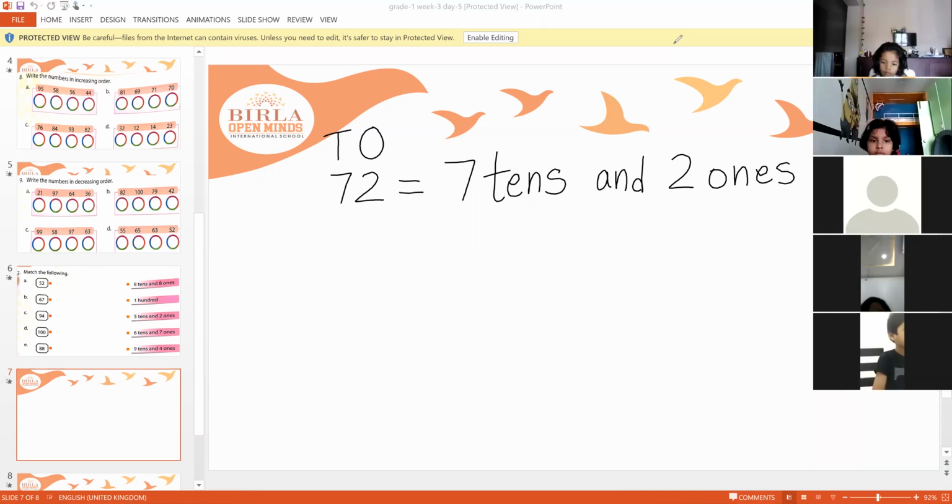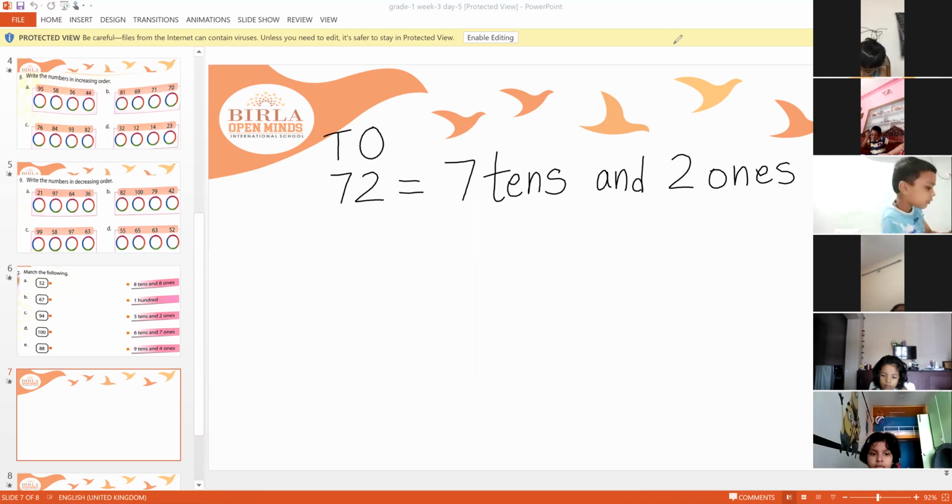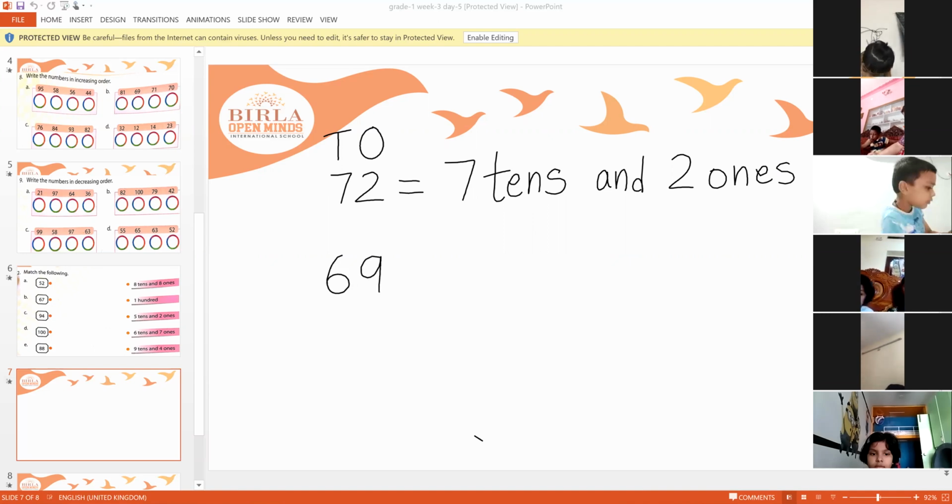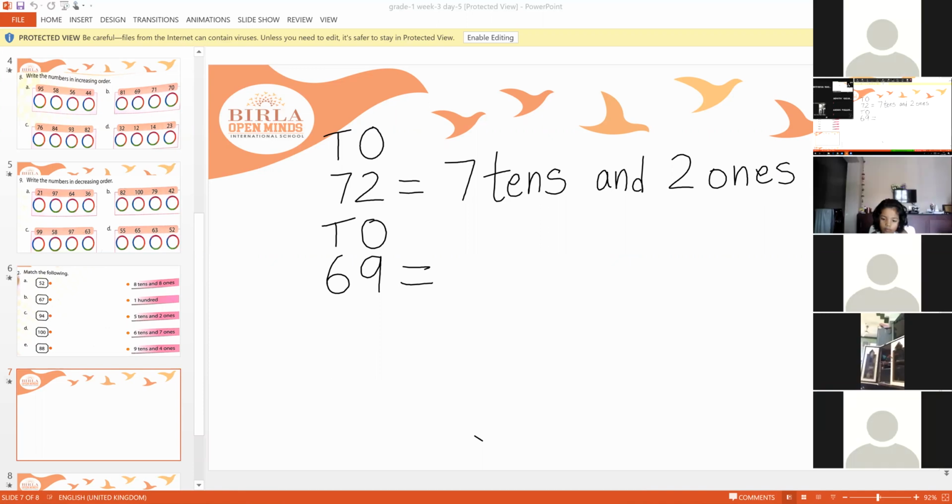Okay. Mayuri, you tell me, how can I write the number 69 in ones and tens form? What is the number in tens place, Mayuri? See, look on your screen. I am asking you, what is the number in tens place here? 6.